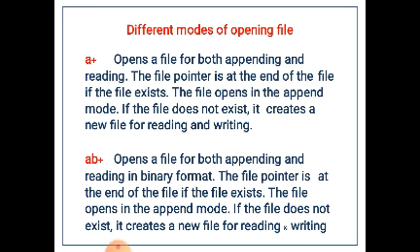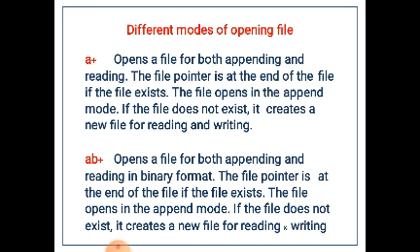Now A plus, AB plus. Here the mode A plus is meant for opening a file for both appending and reading. The file pointer is at the end of the file, and similarly if the file does not exist, it creates a new file.